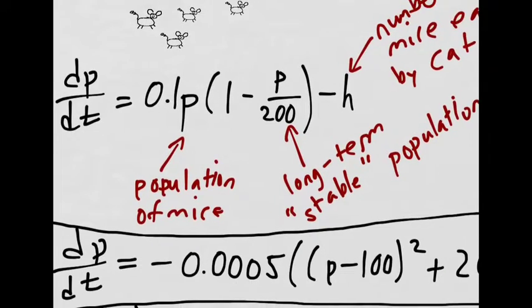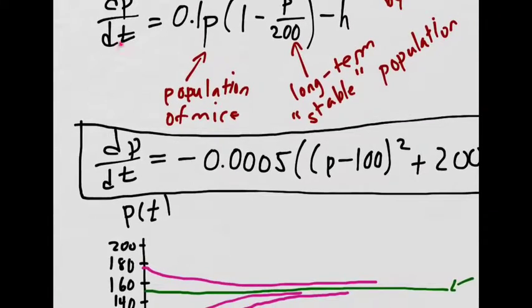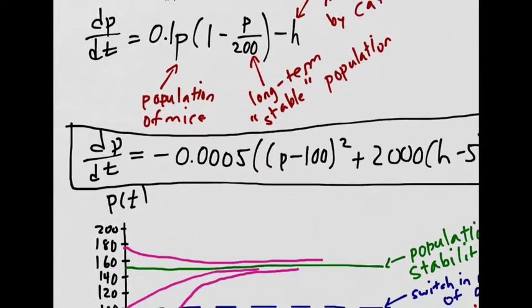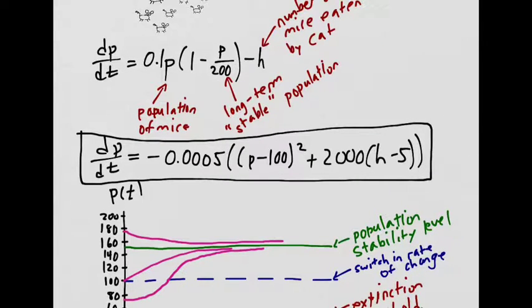And without going too much into the math, because it's long and boring, this top formula could be manipulated to look like this guy here, which looks like a big monster. And if you do this special kind of analysis on it, you can figure out how the population of mice will be affected based on the presence of the cat, depending upon how many mice are in the barn when the cat shows up.